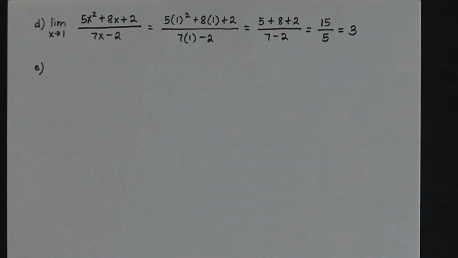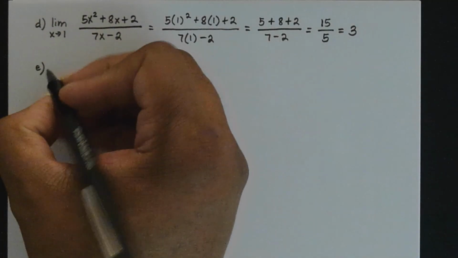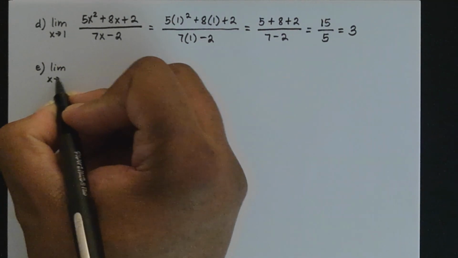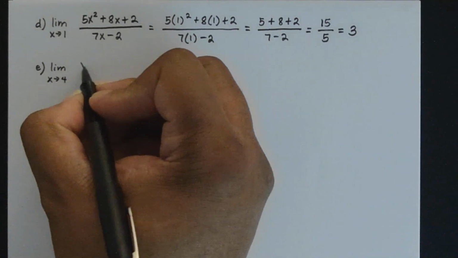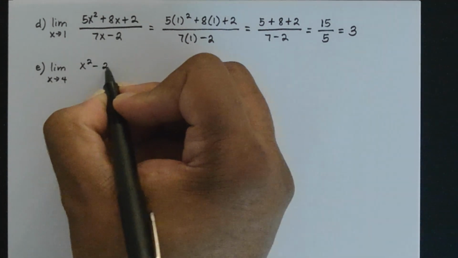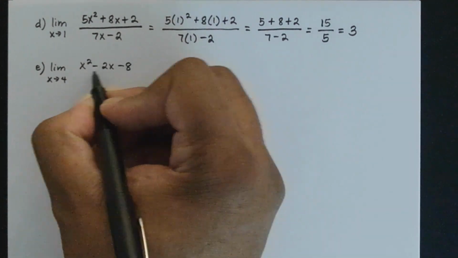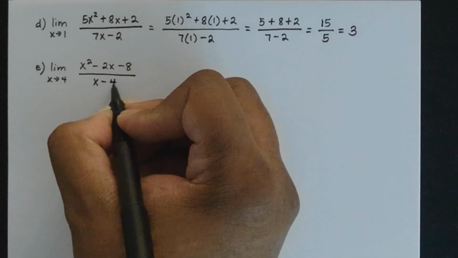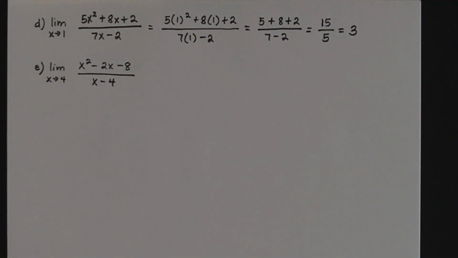All right. Let's see, part E looks like this. Here we've got the limit as x approaches 4 of x squared minus 2x minus 8, and all that's divided by x minus 4.